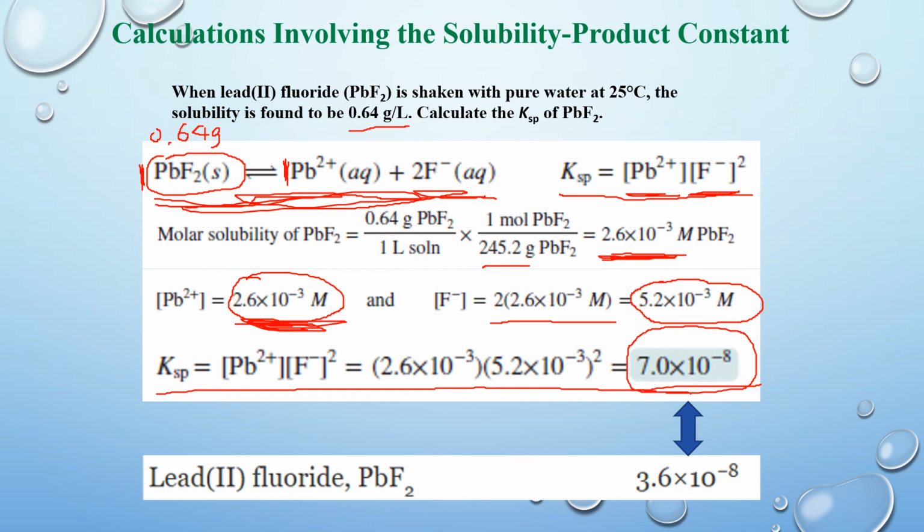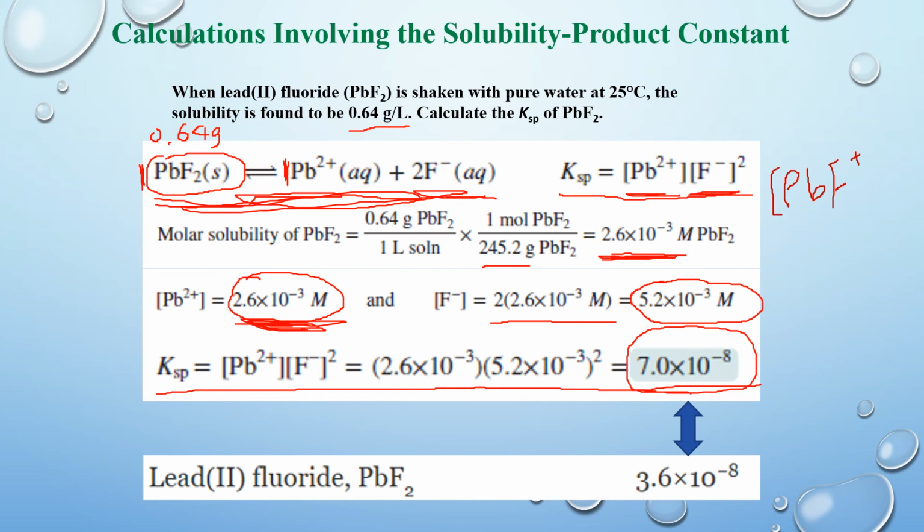Well, the difference is due to a very important assumption that I haven't mentioned yet. When an ionic compound dissolves in water, it not only generates the metal cation and the fluoride. In this case, another species generated is PbF plus.